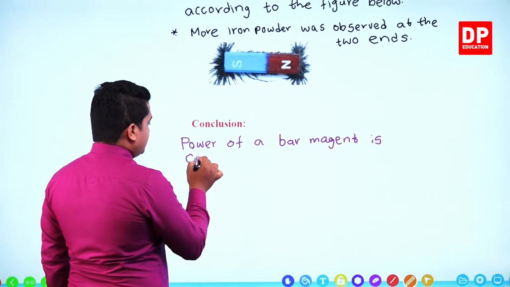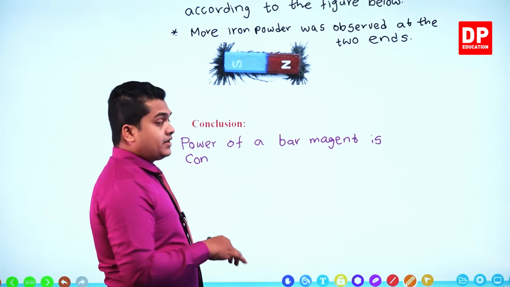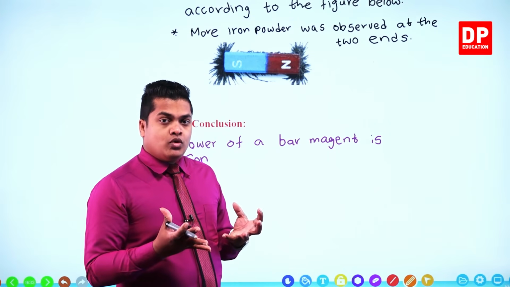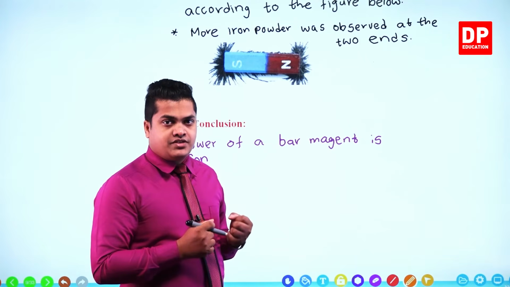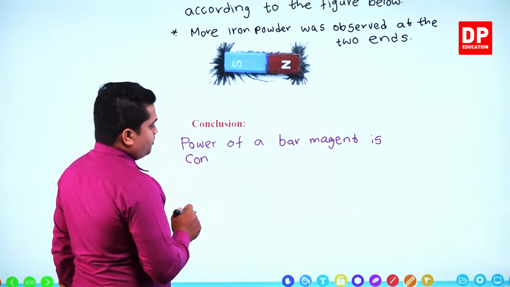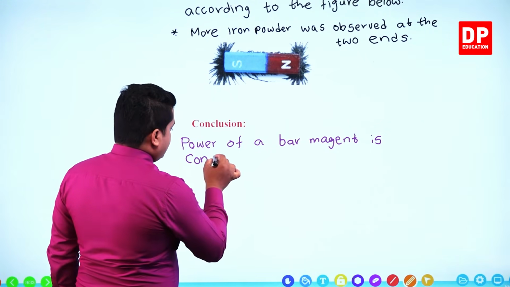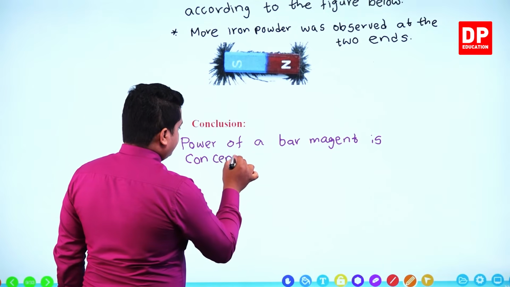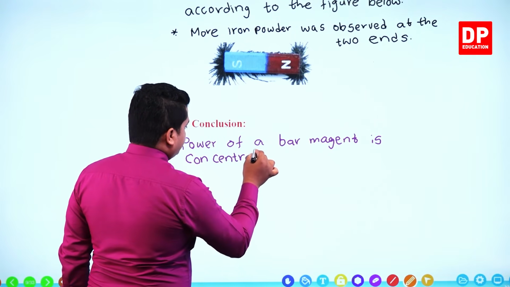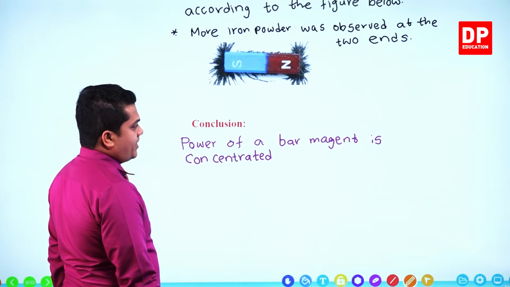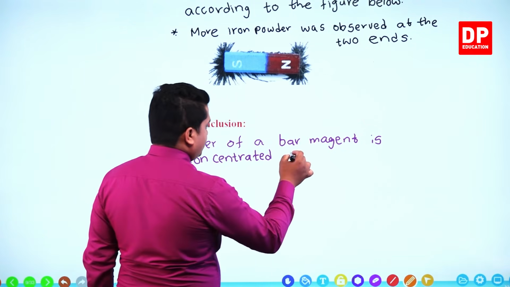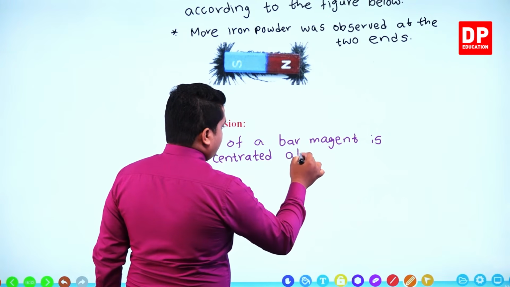Concentrated means getting a large amount. So a large amount can be referred to as concentrated. So the power of a bar magnet is concentrated at the two ends.